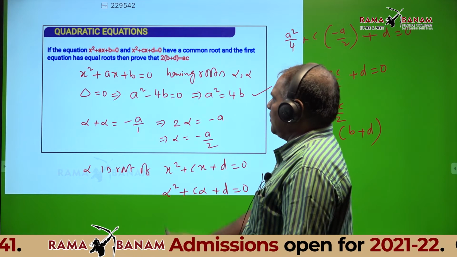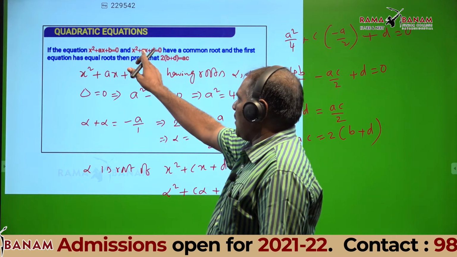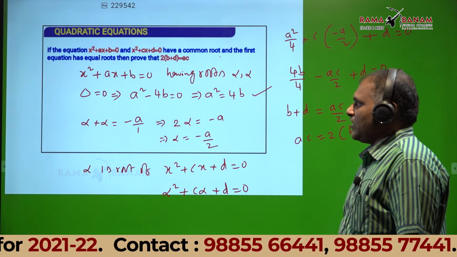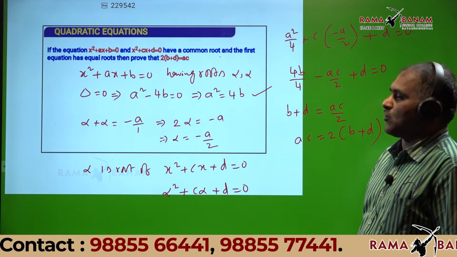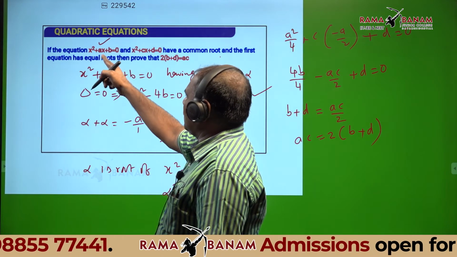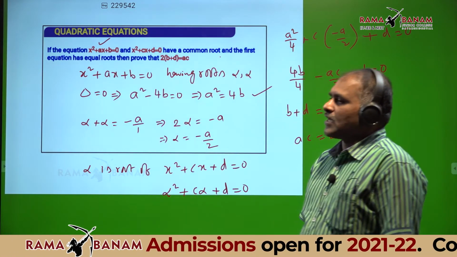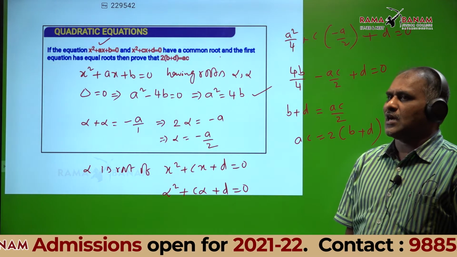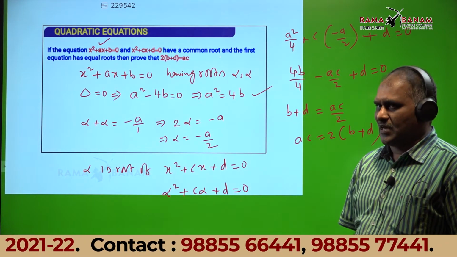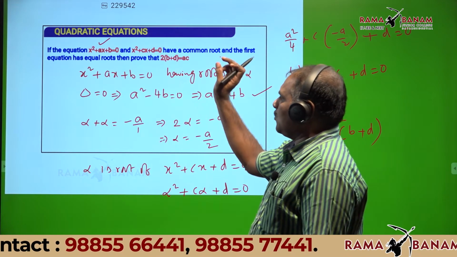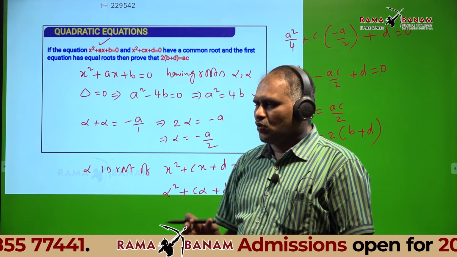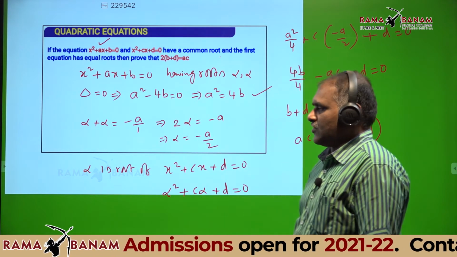Here, listen. Two equations have a common root, and the first equation has equal roots. What does common root mean? I already explained in the previous class: if any root satisfies the first equation, it also satisfies the second equation.